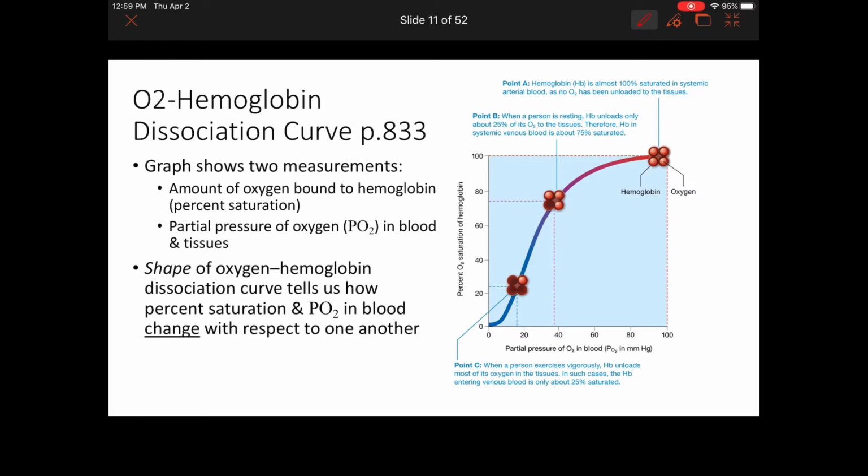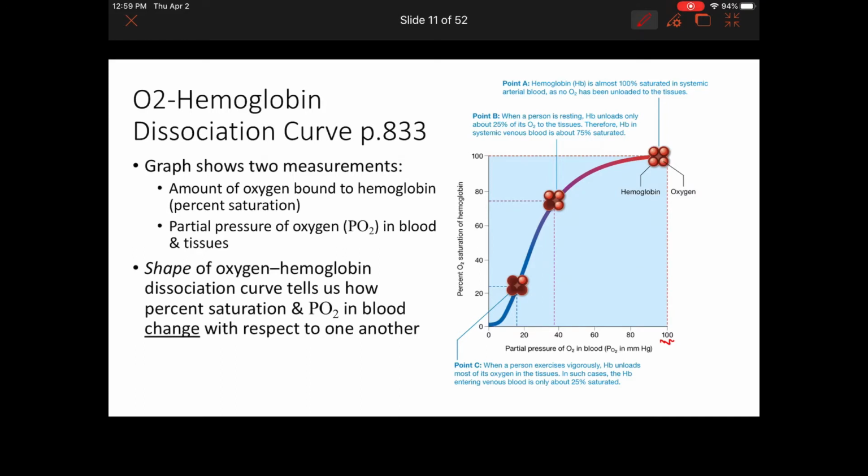If you recall, the partial pressure of arterial blood equals roughly about 100 millimeters of mercury.